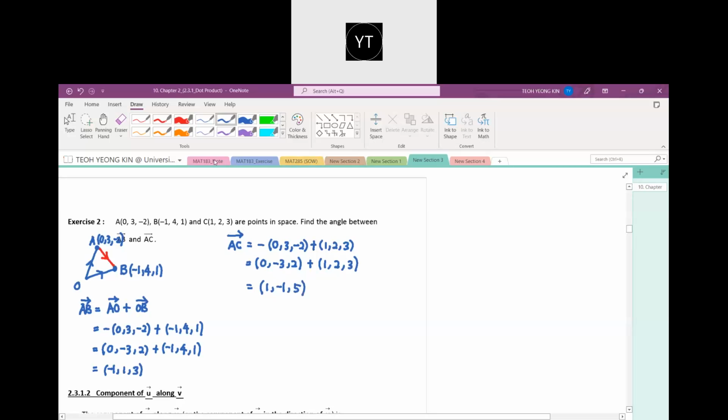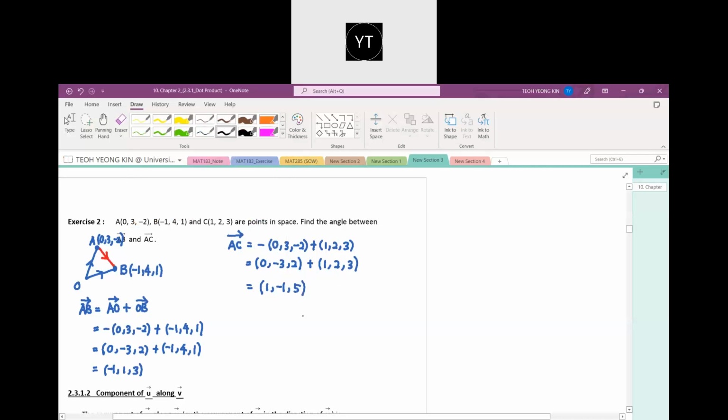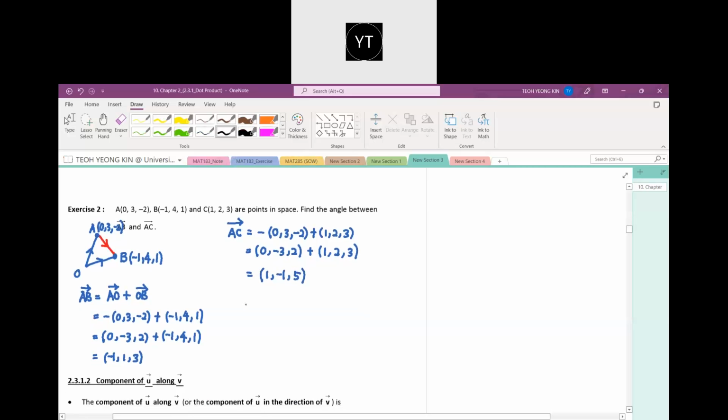Now, if we want to find the angle between these two vectors, the formula will be cos theta equals the dot product of vector AB and vector AC.